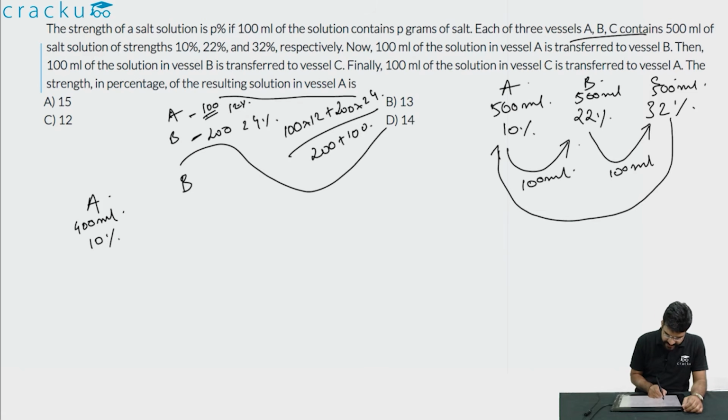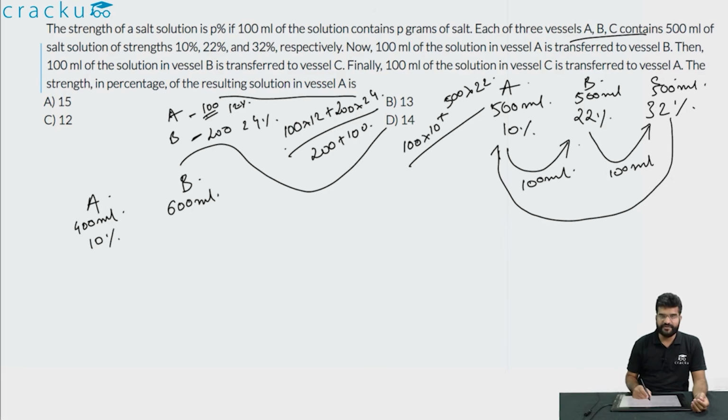In case of B, because 100 ml is added, the volume will become 600 ml and now the strength will become, we'll apply the same formula. In this case, 100 ml from A is added, the solution strength of A is 10, plus the volume of B initially was 500 ml into the solution strength was 22, by the total volume 100 plus 500, which is 600.